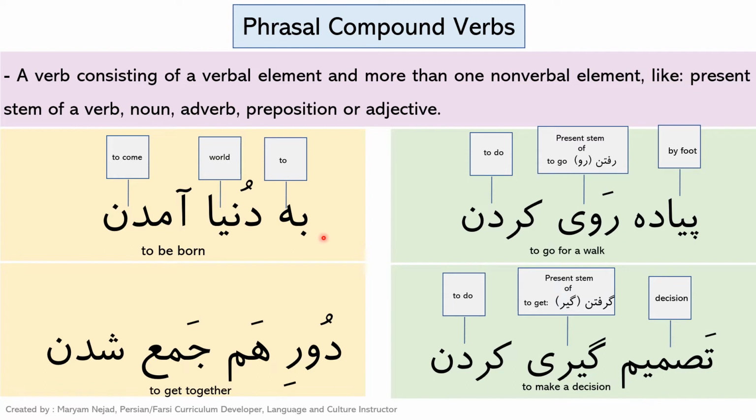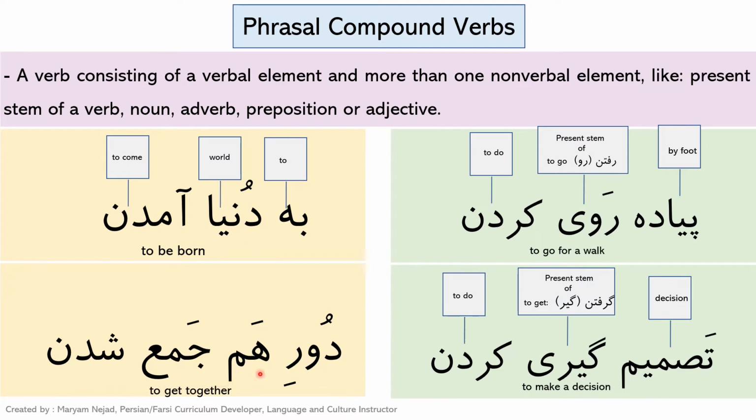So here the whole thing is a compound verb. Sometimes you will see a preposition and you think that you need to add an object after the preposition, but no, the whole thing is a compound verb, and it's called a phrasal compound verb. And as you can see, the non-verbal element is more than one. It's a preposition and also a noun.